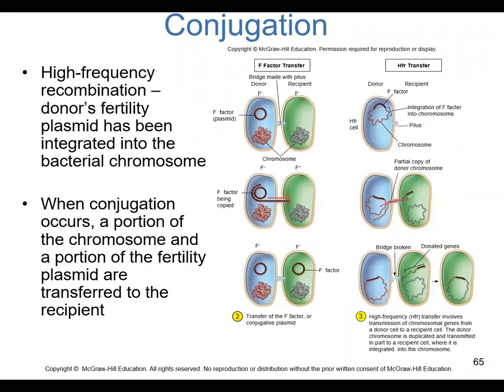So this one is going this direction. Now this one has that same trait that this one had. But again, it is only going from one to the other, not back and forth. So conjugation is just one direction. But it is a way for the new species, or the other organism, to gain traits without reproducing.